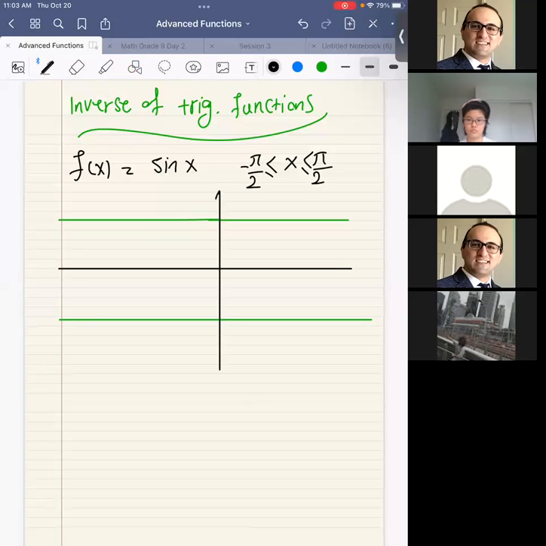Okay, so this is the y-axis and this is the x-axis. So it goes up and then down, and then up and down.